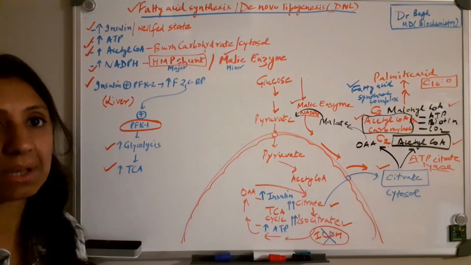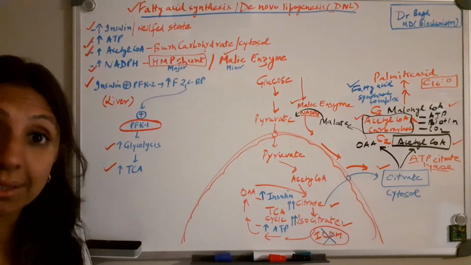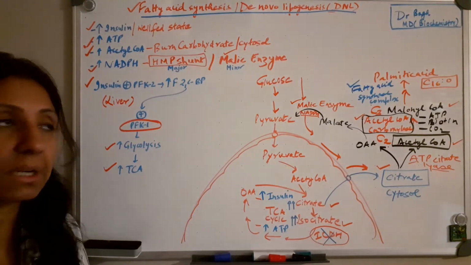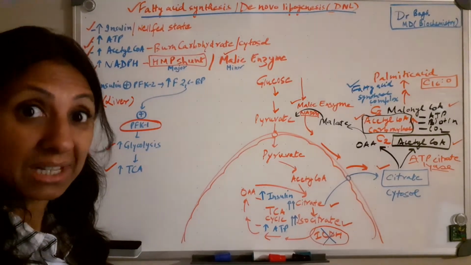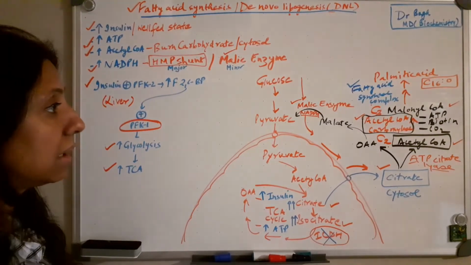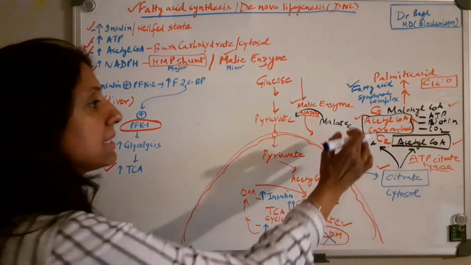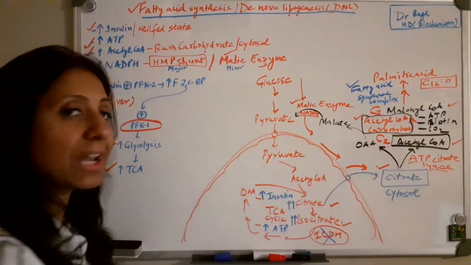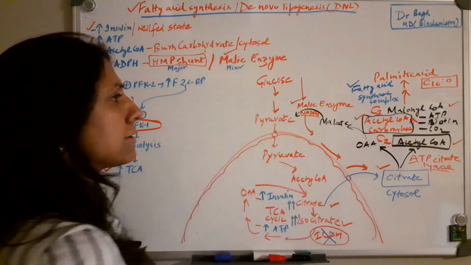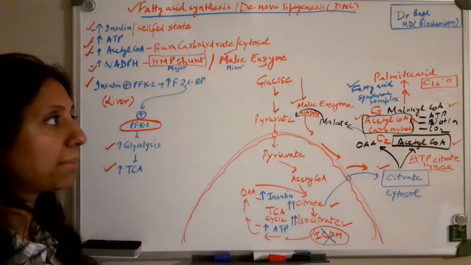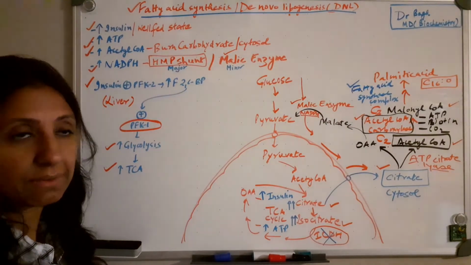Actually, it is made up of 7 enzymes. You don't need to know what the enzymes of this complex are, but yes, it's a multi-enzyme complex rather than a single enzyme. Like ACC is a single enzyme, ATP citrate lyase is a single enzyme. Fatty acid synthase complex is not a single enzyme, it's an enzyme complex made up of 7 enzymes.